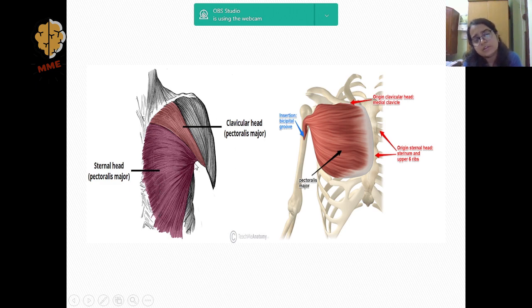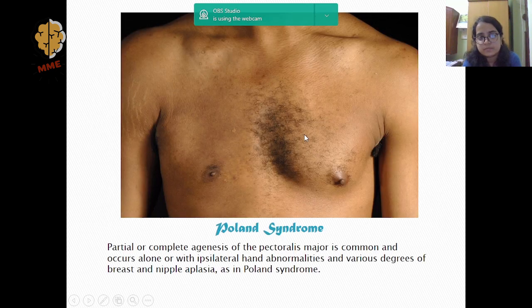It is inserted onto the lateral lip of the bicipital groove. Here it is also very clearly given: origin of the clavicular head from the medial 2/3 of the clavicle, this is the origin of the sternocostal part, and this is the insertion into the lateral lip of the bicipital groove.